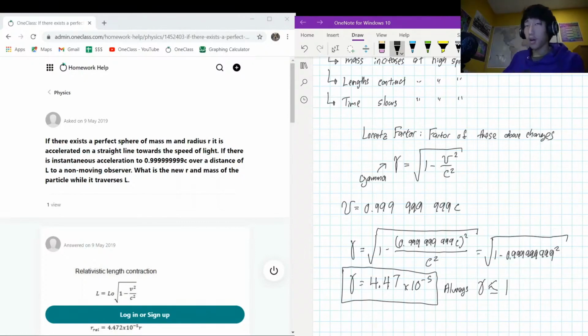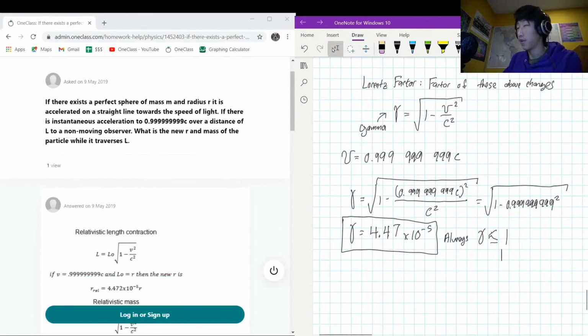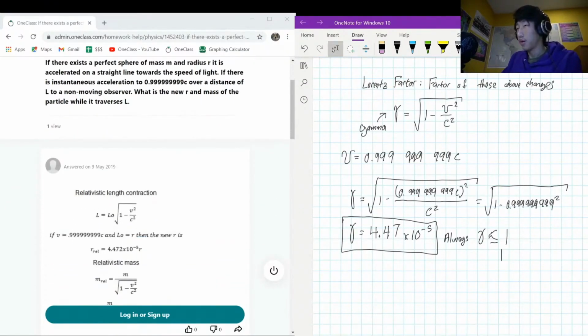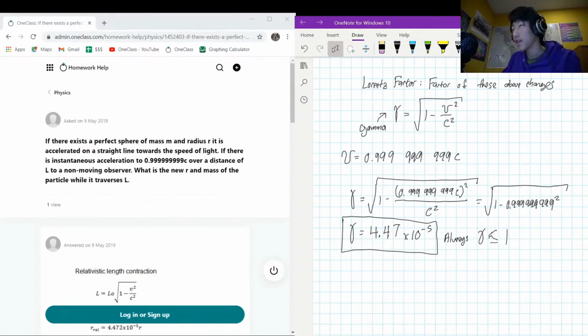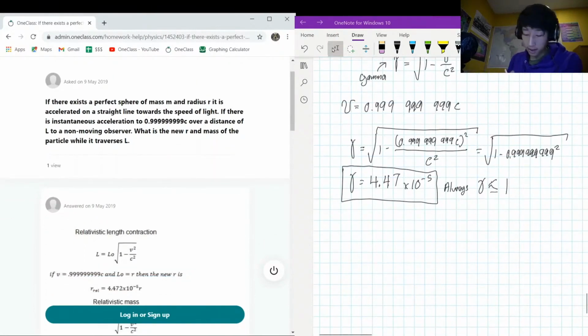Okay, so given that we have our Lorentz factor here, we just got to multiply it together with our length. So the first part is asking us what is the new r and the new mass. So the new r is just going to be r times this.